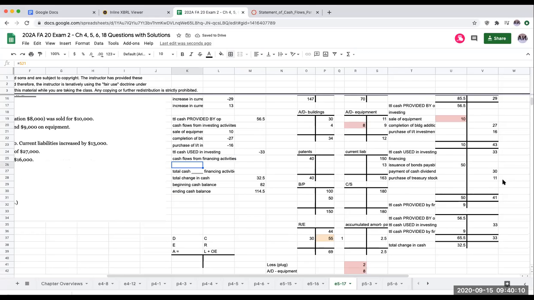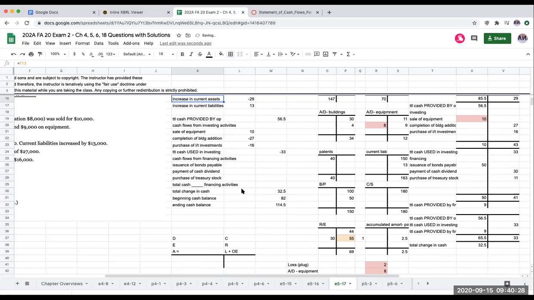From financing activities, I actually had 3 transactions. So I'm going to again move this down a little bit. So I have here issuance of a bonds payable. I have payment of a cash dividend, and then the purchase of treasury stock. Okay.